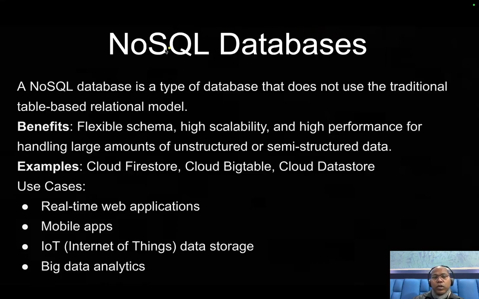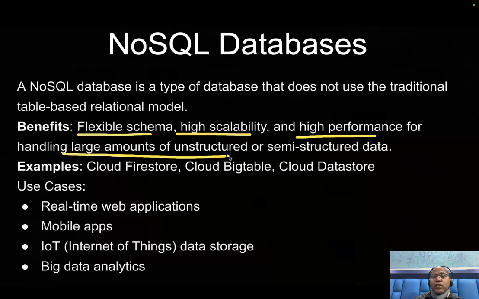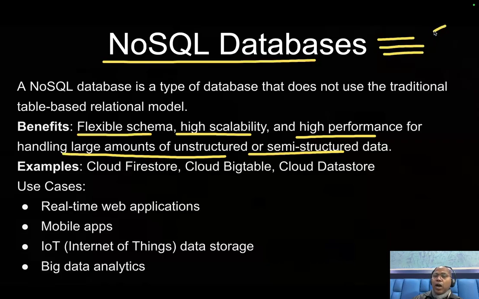So due to the nature of the business and the nature of the data, sometimes you require a very flexible kind of schema, and you want a highly scalable, high performance database that handles large amounts of unstructured or semi-structured data. So here comes the NoSQL database, and nowadays there are many use cases where a NoSQL database is a very good fit, because it manages structured, unstructured, and semi-structured data, and high volumes of data. Whenever there is a large volume of data, it's very hard to manage securely.